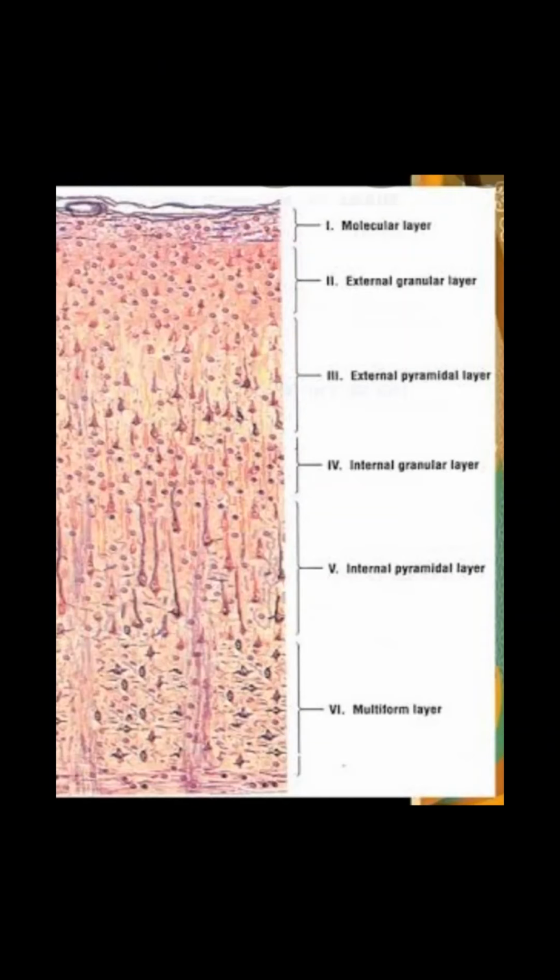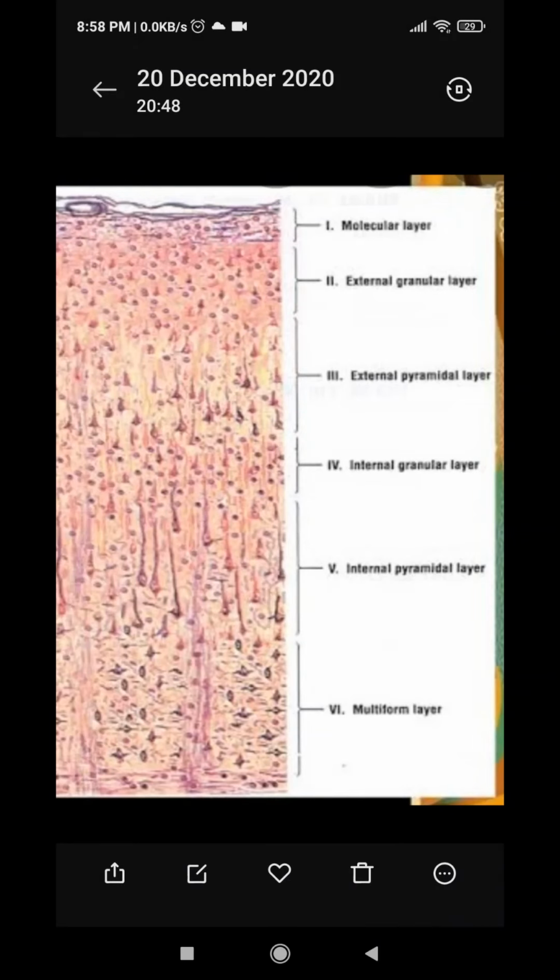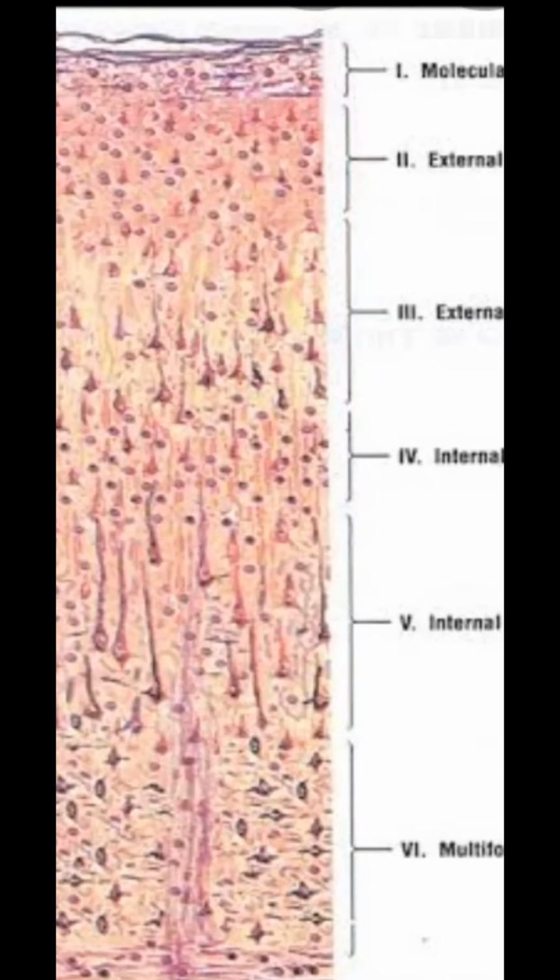Now you can see here the molecular layer, which consists of a small number of nuclei and a large number of axons. This layer, also called the plexiform layer, is composed chiefly of cell processes, that is dendrites and axons.